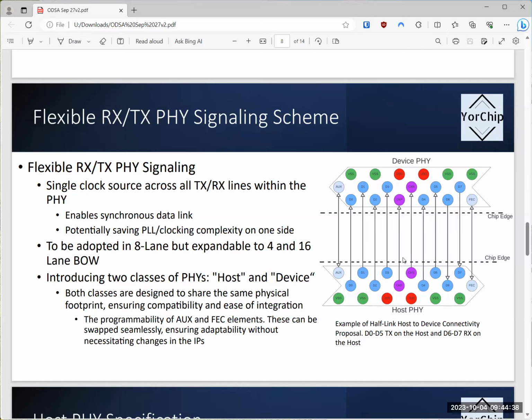Yeah. I mean, it does natively support BoW, right? That's basically what we're saying. Well, what I'm not clear on, when you say it supports BoW, is that if you want to have a bidirectional link, you have to use two of your PHYs. That's how I see it. Yeah, but it still natively supports it, right? Okay. So what does natively support mean in this context?